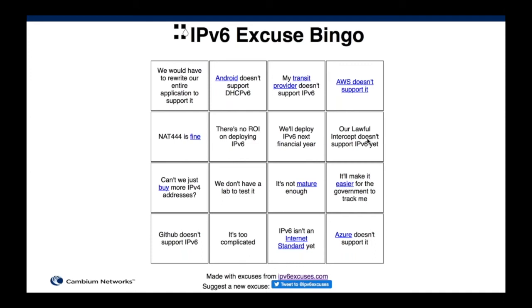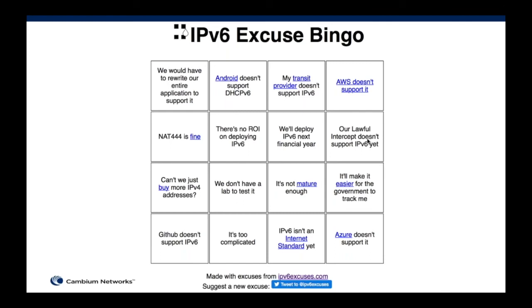There are other arguments. Some of them are relevant. For example, some functions of AWS from Amazon don't support IPv6. Azure, not all services in the cloud support IPv6. But on the other side, IPv6 is the internet standard.